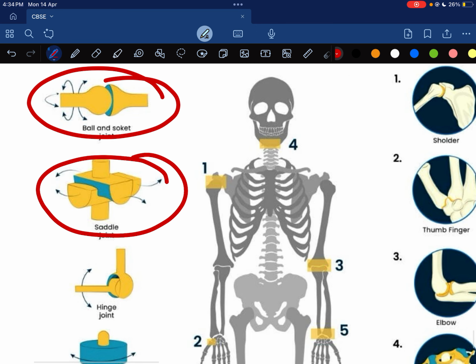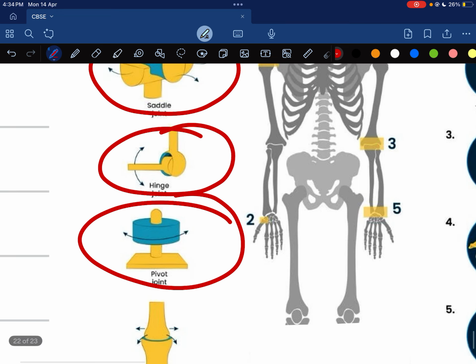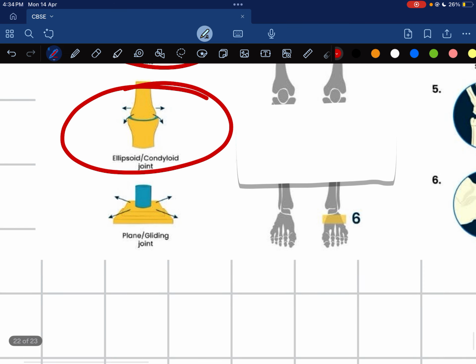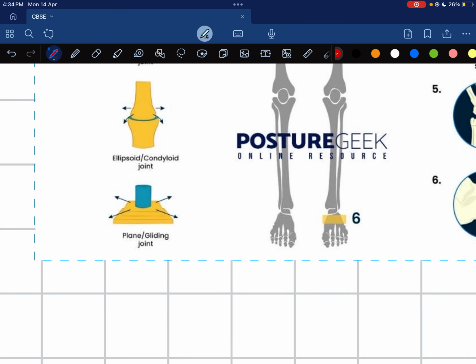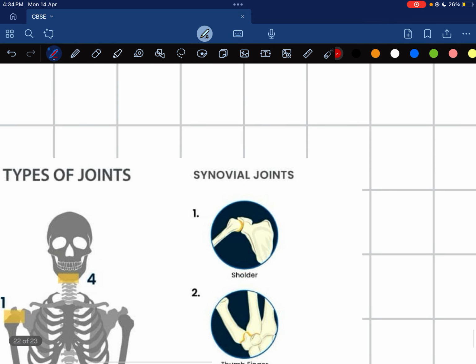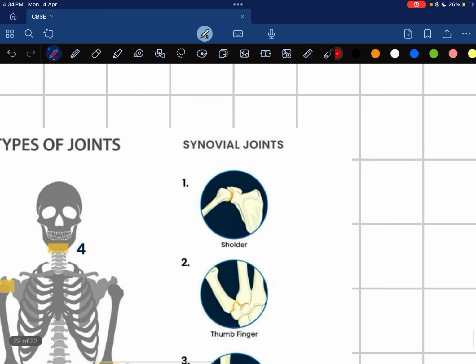This is a saddle joint, hinge joint, pivot joint, ellipsoid joint, and condyloid joints. Then there is the plane joint. So we can also look at the synovial joints here. This is the joint motion, and this is synovial.